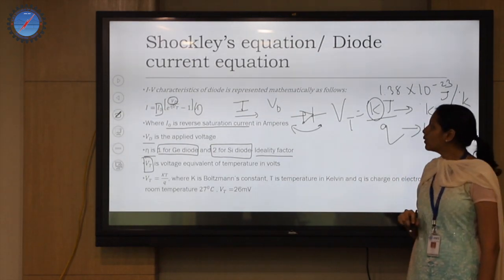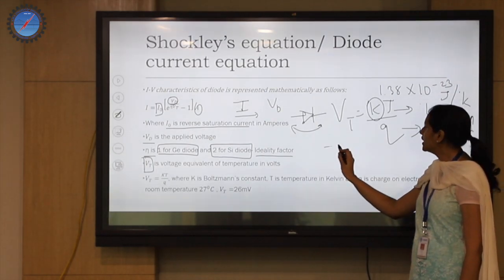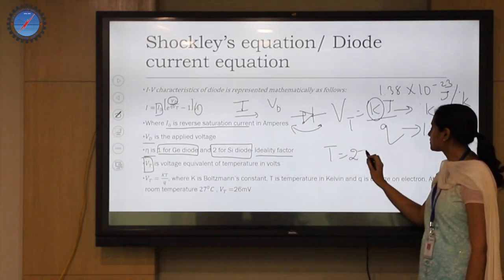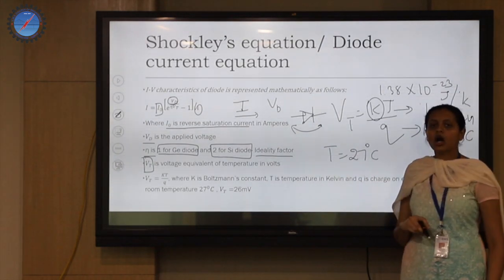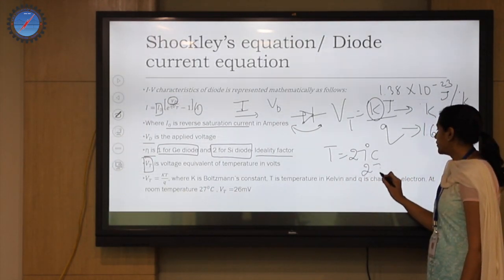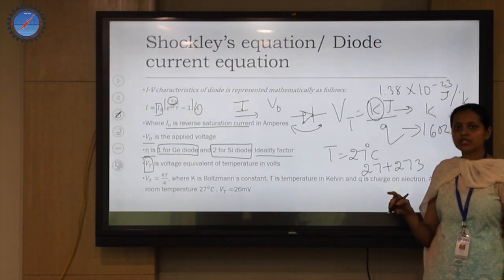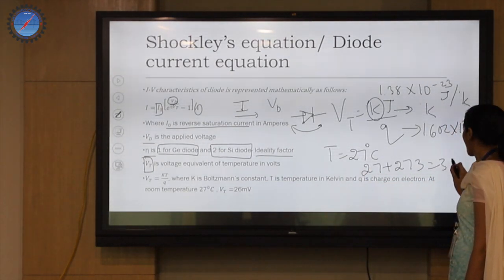Suppose I assume the ambient temperature T as 27 degrees centigrade. How do you convert centigrade into Kelvin? You just add 273. So if you add 273 to 27, it results in 300.